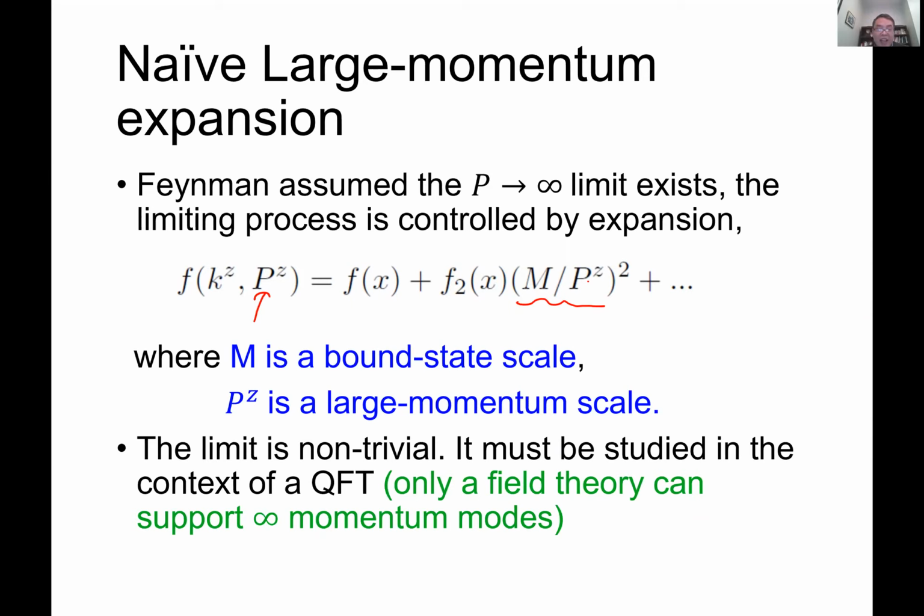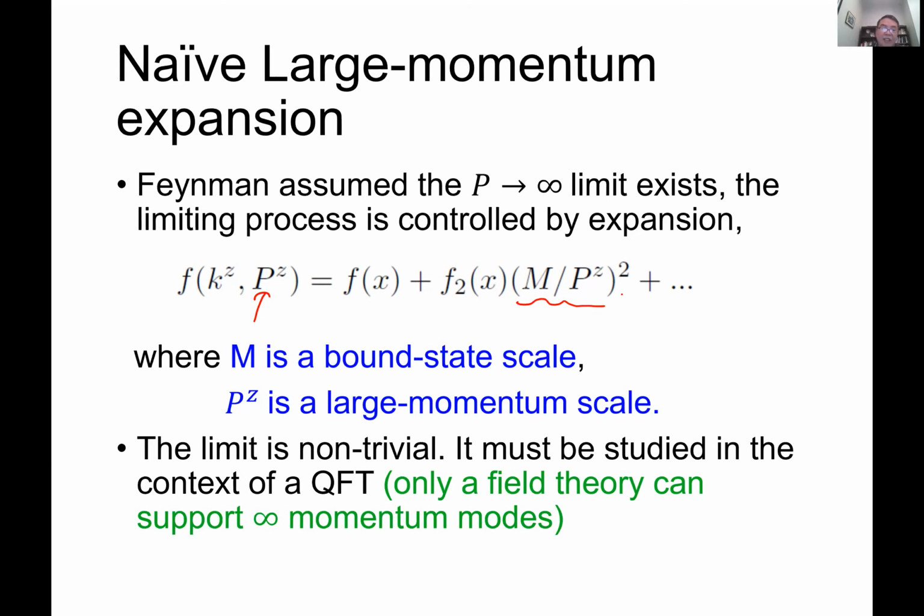However, it turns out this limit is non-trivial in field theory. And Feynman never thought about this in the context of field theory. So later on, he discovered that actually in field theory, that limit is not trivial because you have to have a field theory to support infinite momentum modes. And so the infinite momentum limit is only sensible to study in the context of a quantum field theory.